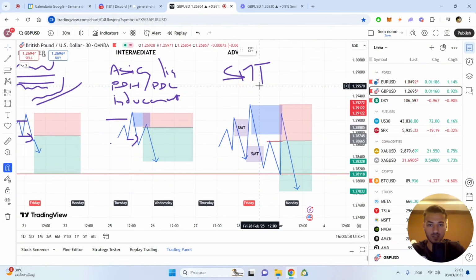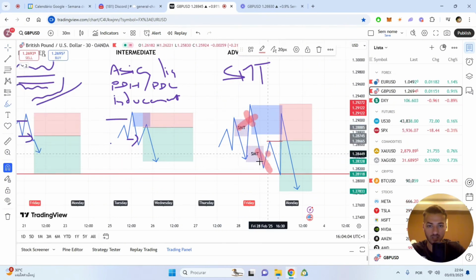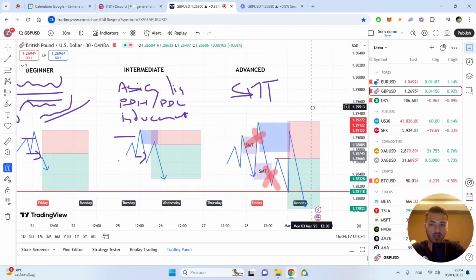Okay? And then after people being taken out here, they'll also be taken out here. And then because everybody's got taken out, you can place yourself with the smart money and take advantage of the whole move that's about to be delivered. That's just the reality of the markets, okay?